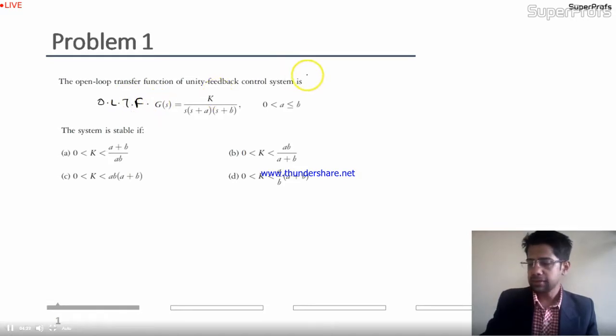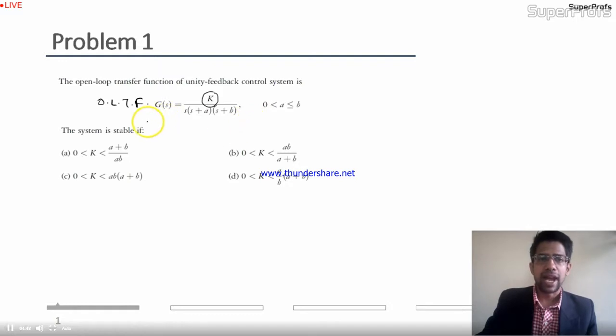Now you need to find the condition on K for the system to be stable. That is, the system should be stable, and you need to find the range of values of K. You can find this out by the simple Routh array method.